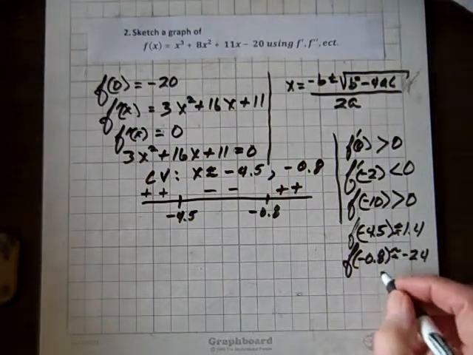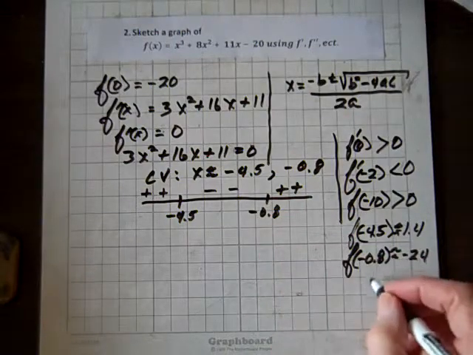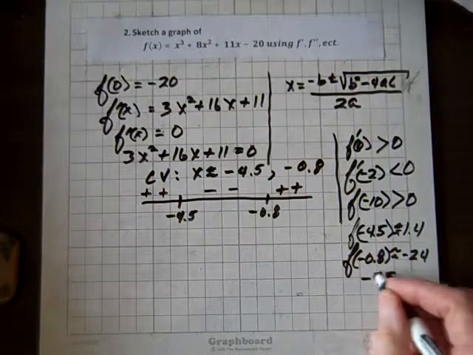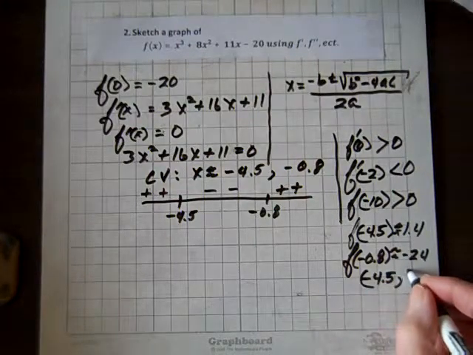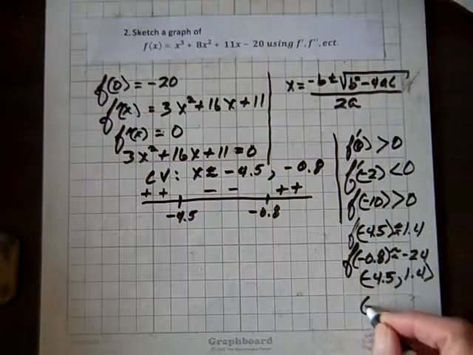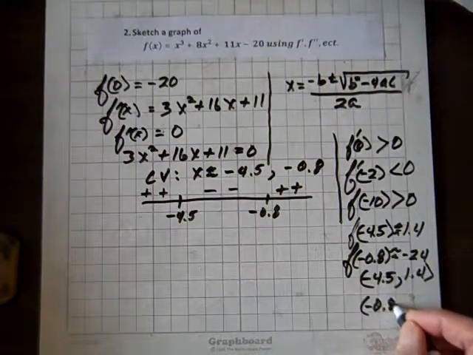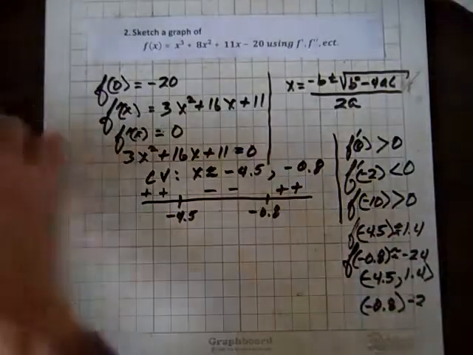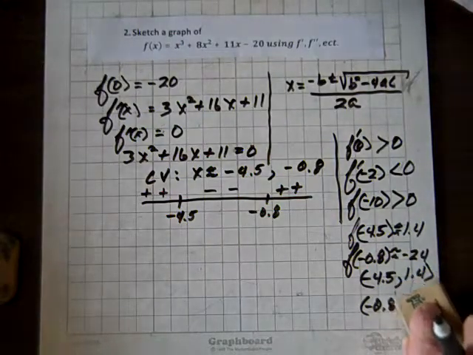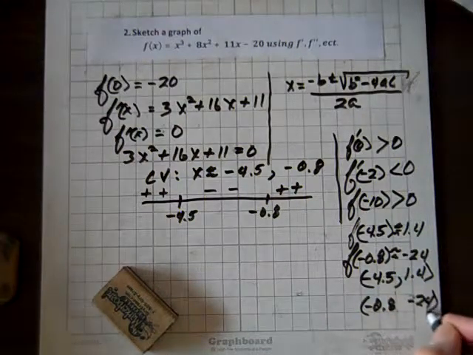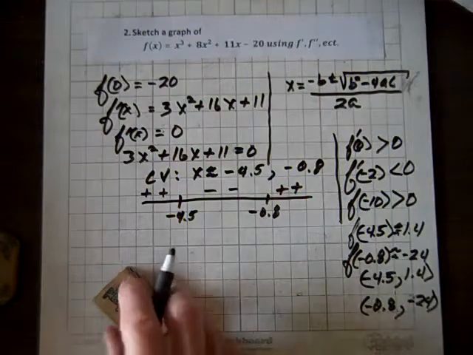So now we have a couple of ordered pairs associated with these, and they are (negative 4.5, 1.4) and (negative 0.8, negative 24).